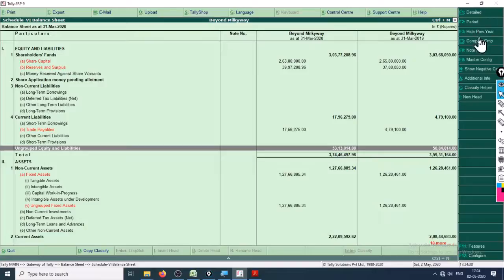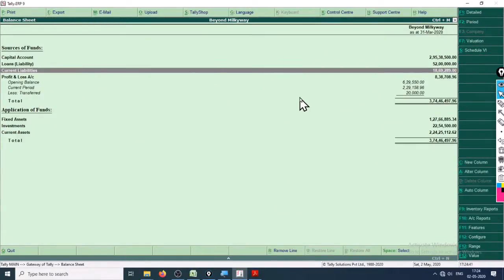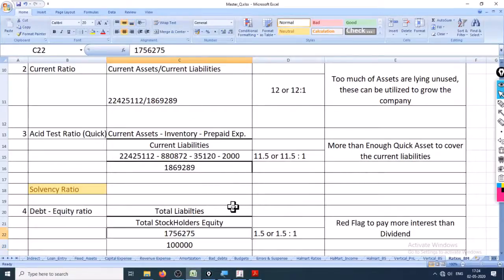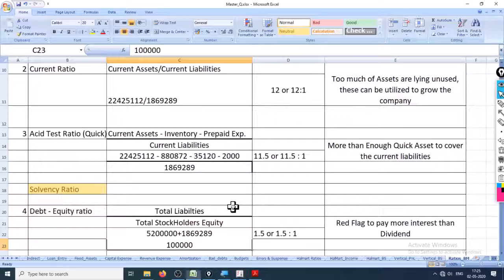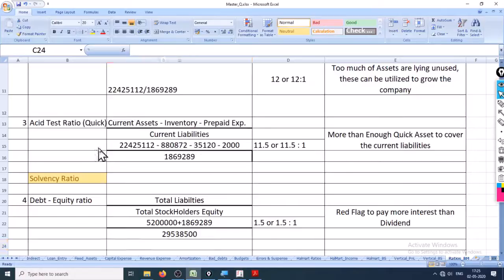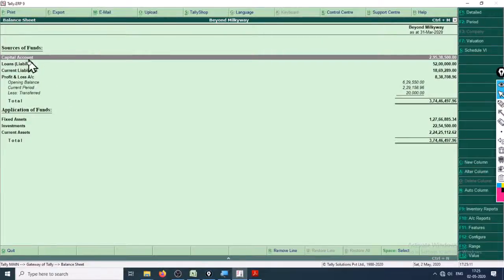Let's choose a much smarter way. You can add 52 lakh plus 1869289, divided by how much? 2953 8500, the total stockholders equity, that is the capital account.